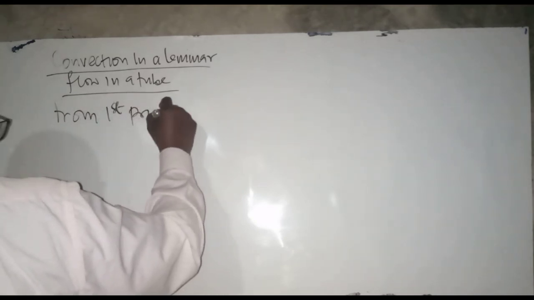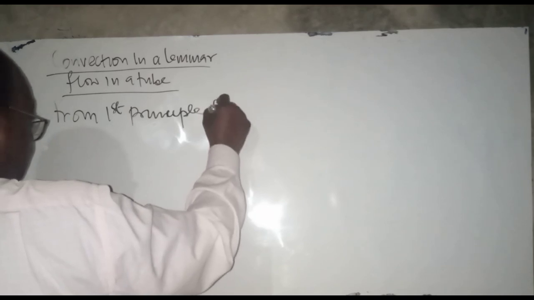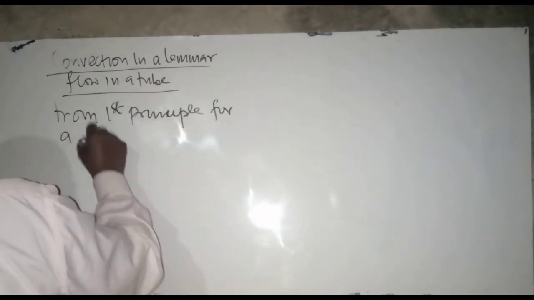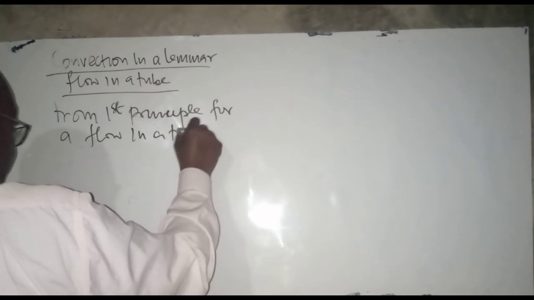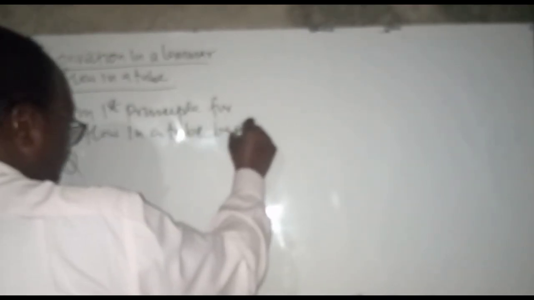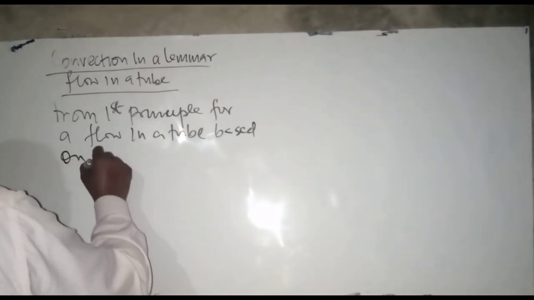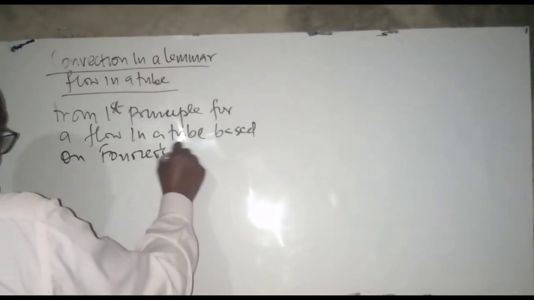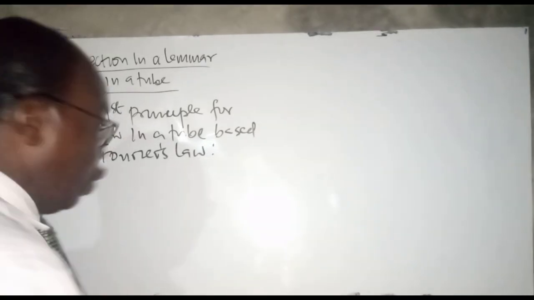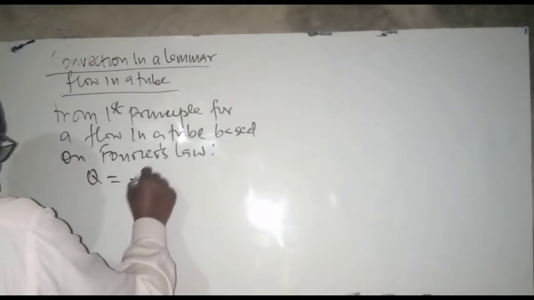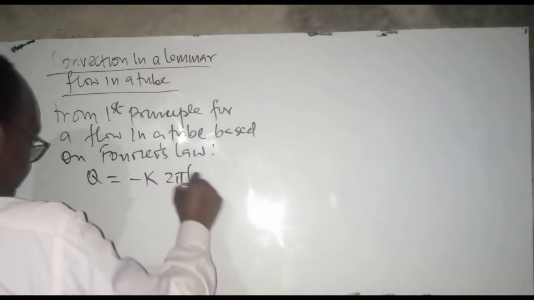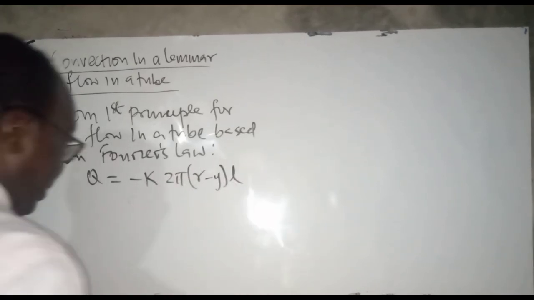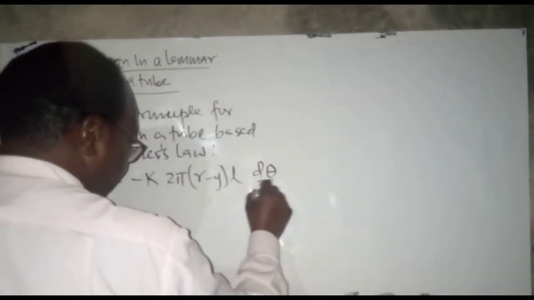From first principles, the flow in a pipe, in a tube, we say that the heat, based on Fourier's law, we said that Q is equal to minus K 2 pi (R minus Y) L d theta by dy.